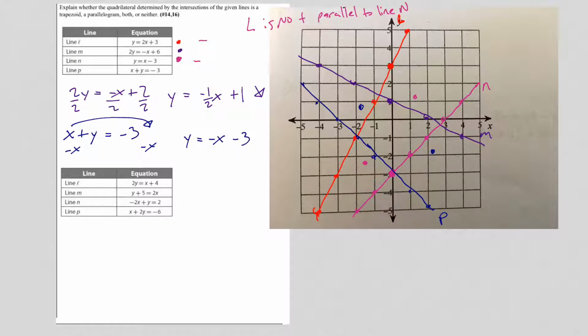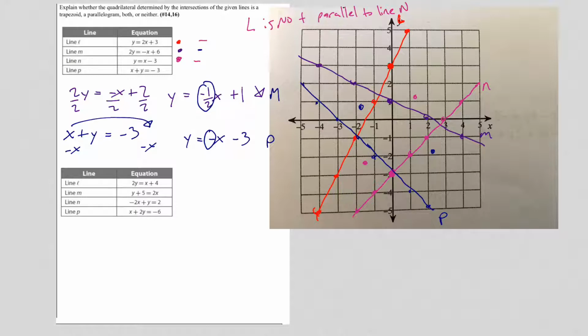And now let's look at line M and line P. Line M has a slope of -1/2, and line P, here's M, here's P, has a slope of -1. Is -1/2 and -1 the same number?